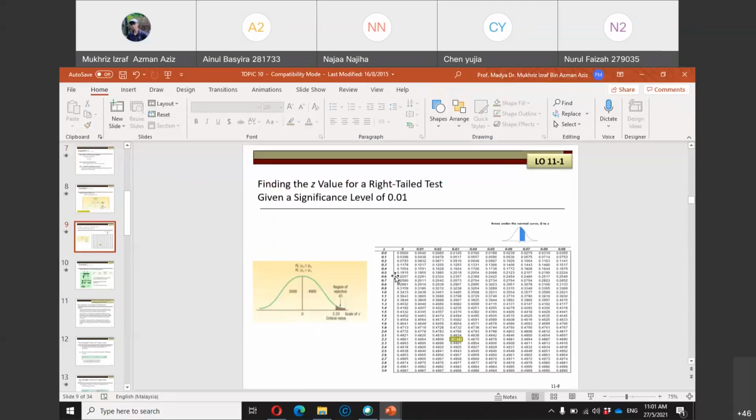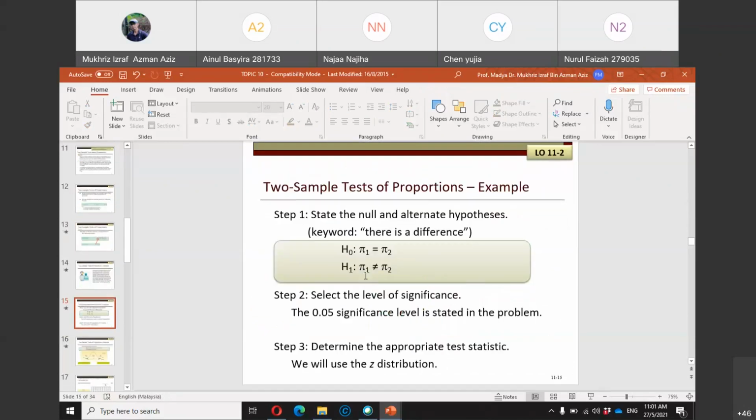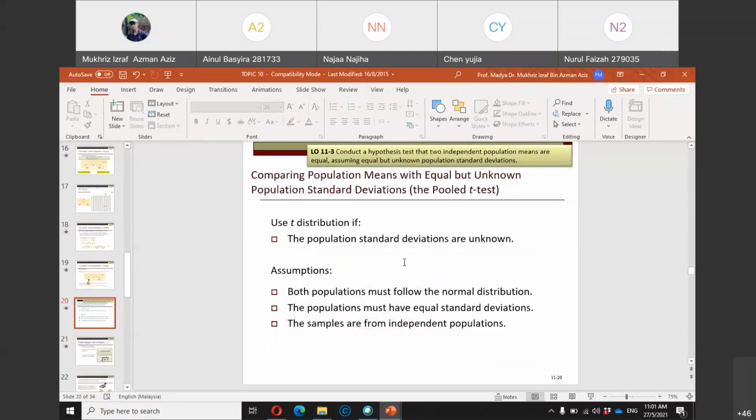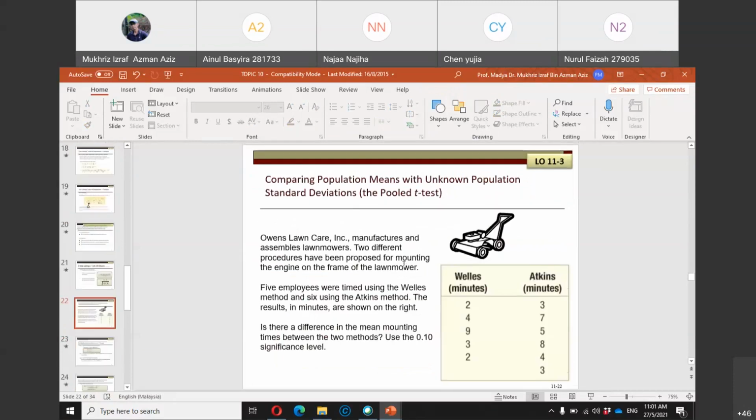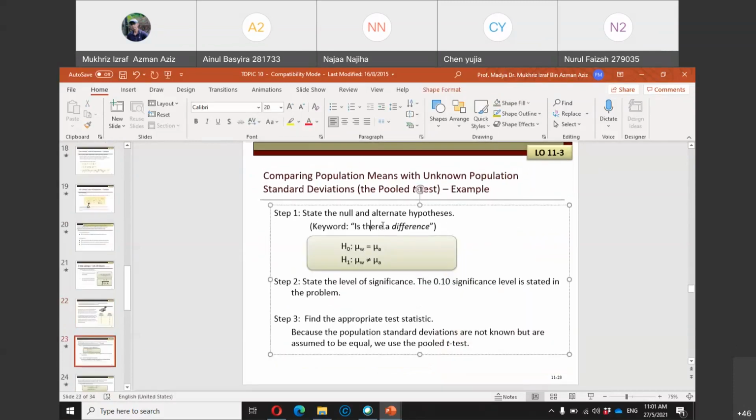But for a two tail test, using the keyword "is there a difference?", there could be a difference in the approach between different students. Sorry, this is proportion, which we haven't discussed yet. So in this particular example, is there a difference?